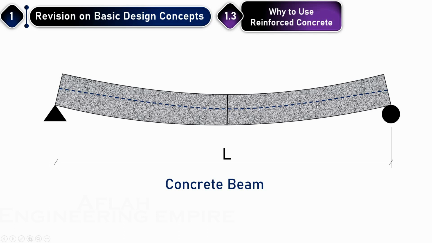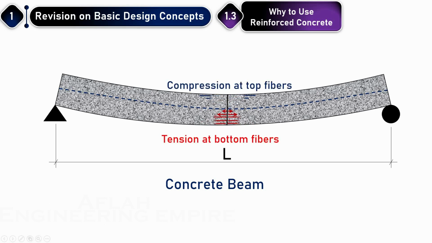It may not actually be at the center, but it is within the cross section most of the time for beams. There will be tensile stress below this neutral axis and compression at the top of it, and as a result we are expecting tension cracks around the bottom. Basically we call them flexural cracks.